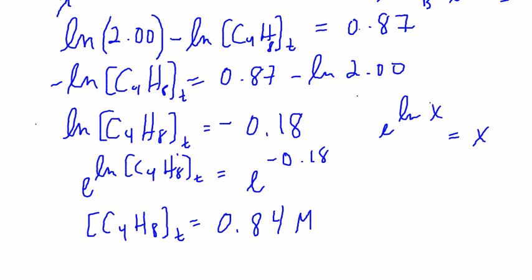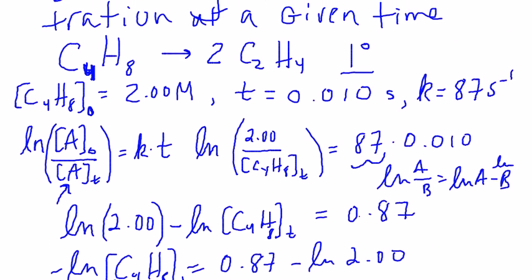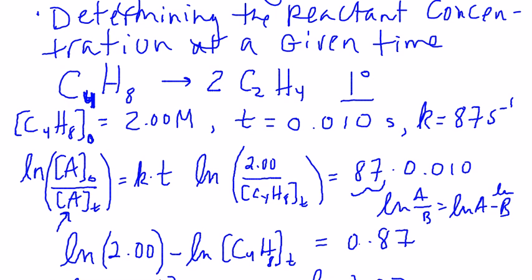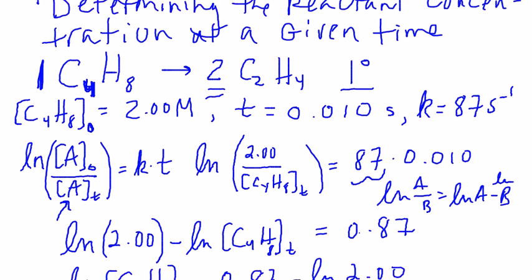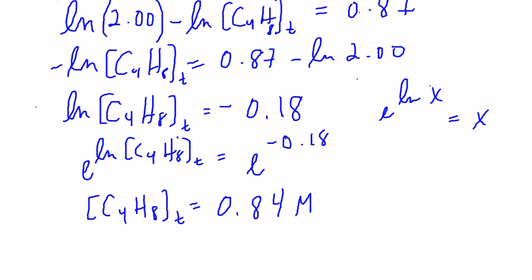Looking back at this reaction, because for every 1 mole of cyclobutane that decomposes, we get 2 moles of the ethylene gas, if we also wanted to know the concentration of the ethylene gas at time t, it would be twice this number, because the rate at which the reactant disappears is equal to half the rate at which the product appears.